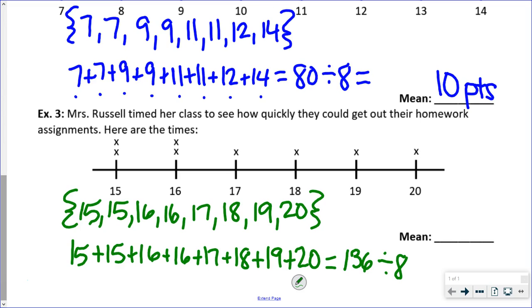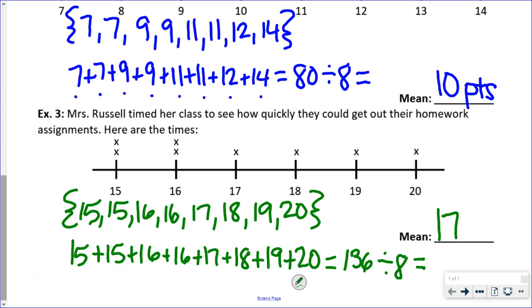So total seconds 136, split between 8 times. When you run that math, you do 136 divided by 8. And again, if you're following along with me, feel free to pause and try that out. If you're not and you're just checking in, just keep going with the play. But 136 divided by 8 gives us 17.